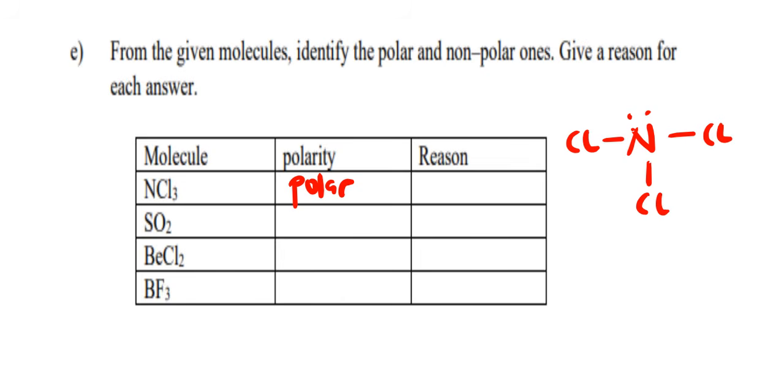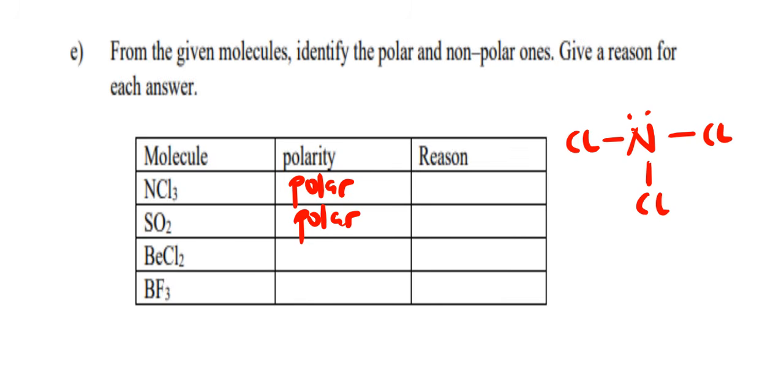So because of that, it's going to be pulling electrons towards itself. So this is also going to be polar. Okay, the reason is because oxygen is more electronegative than the other one, so it pulls electrons towards itself. Okay, and that will result in partial charges. So this usually is a bent structure for sulfur dioxide.